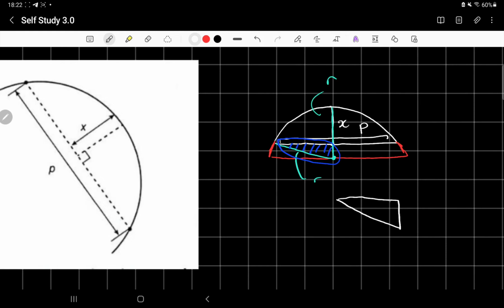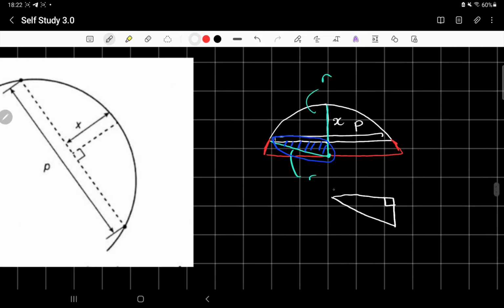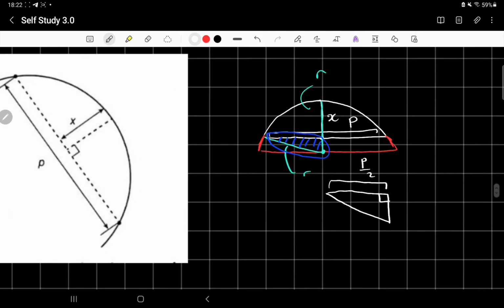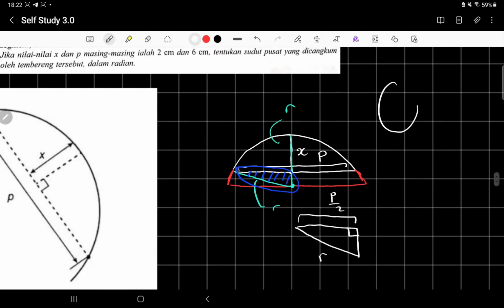So this will be our right angle triangle, and we will have our base here. Our base is half the length of P, so it should be P over 2. How about our hypotenuse? That will be our radius, because remember, the distance between the circumference and the center of the circle is always the same, no matter which point, as long as it's from the center of the circle.